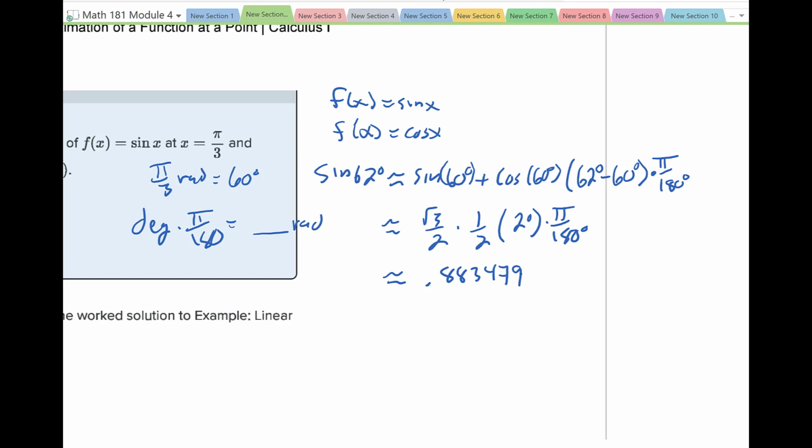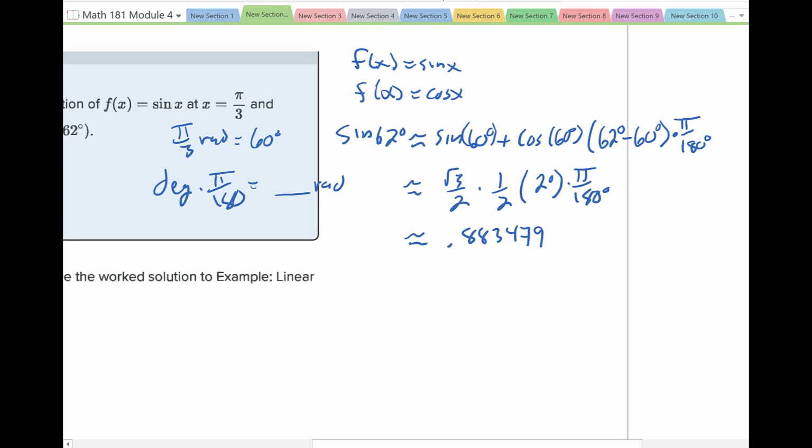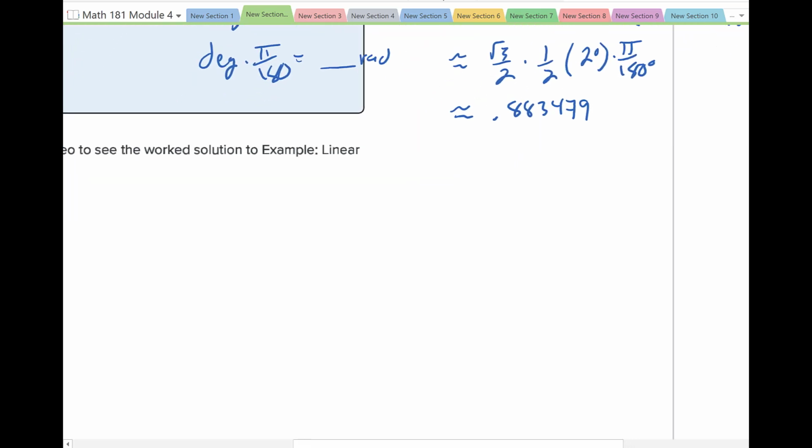Should be in degree mode. So sine of 62 is 0.882947. So it's really close for what we're doing. Okay, that's how linear approximations work. Let's do a few more.